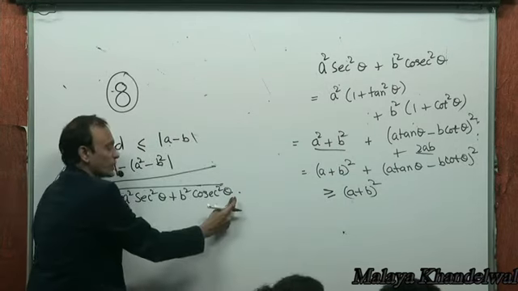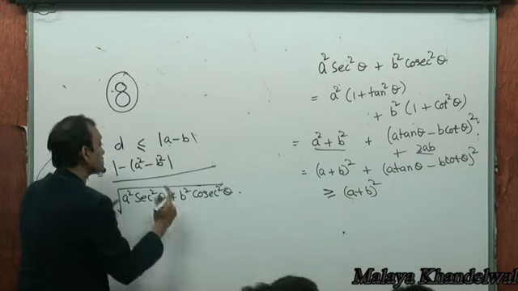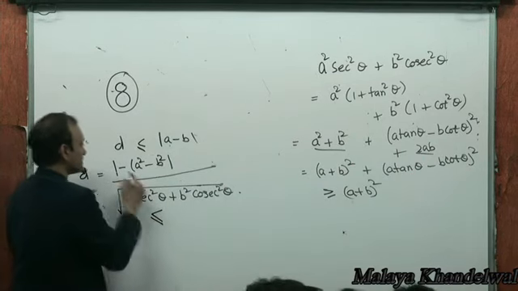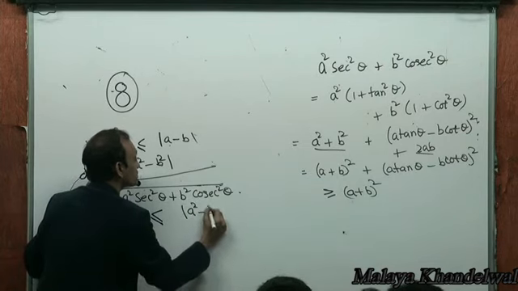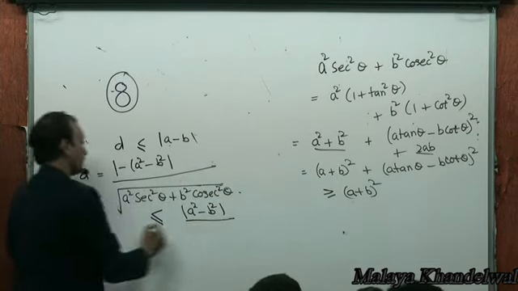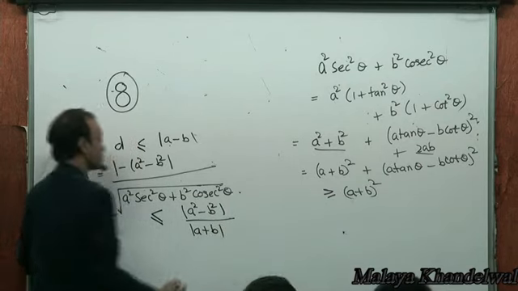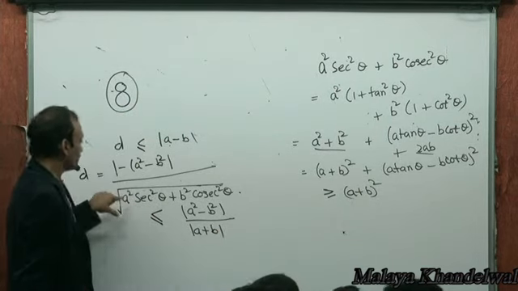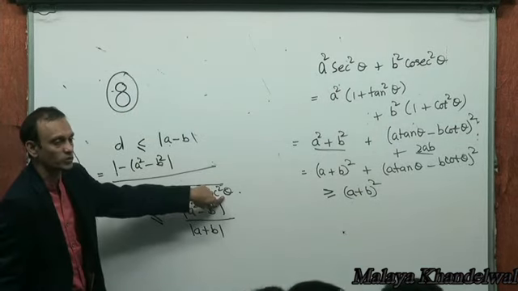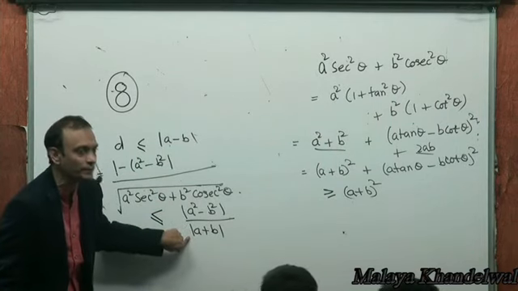If it comes in the denominator, this will always be less than or equal to 1 by mod of a plus b, and the minus gets hogged up by this. So mod of a squared minus b squared divided by this is at most mod of a minus b. Square root of this would be mod of a plus b. So if this is greater than or equal to (a plus b) whole squared, its reciprocal will always be less than or equal to 1 by mod of a plus b.